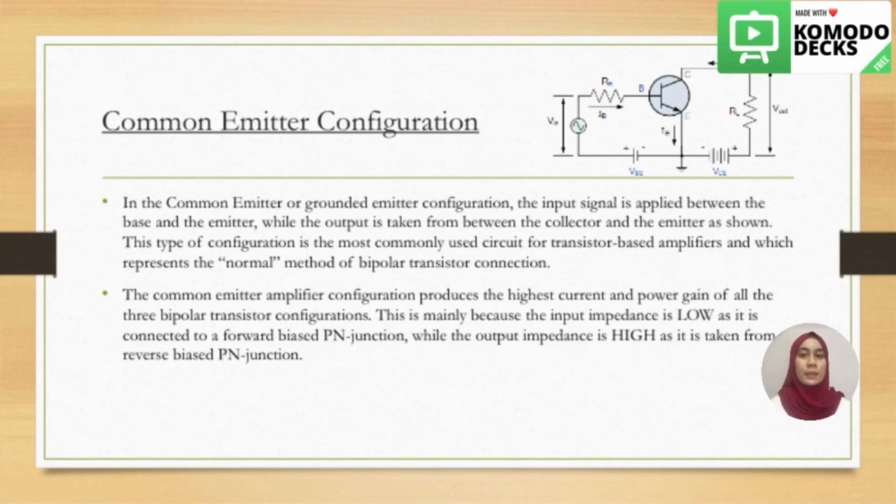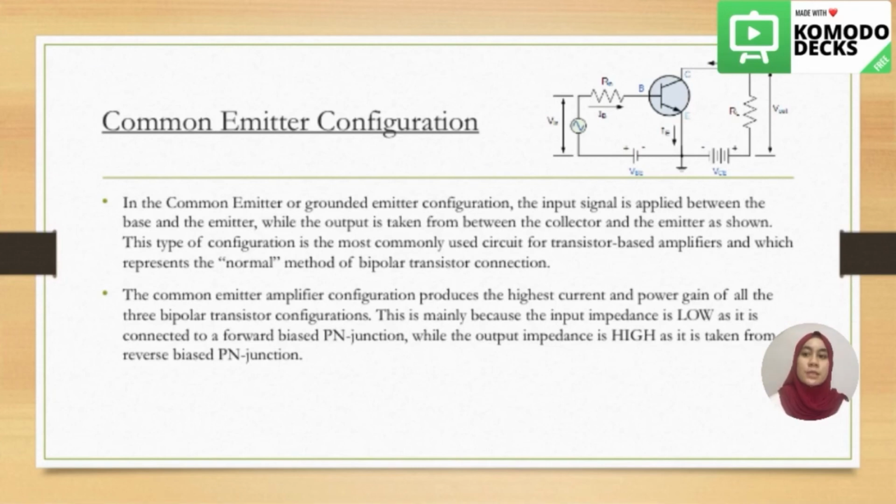This type of configuration is the most commonly used circuit for transistor-based amplifiers and represents the normal method of BJT connection. The common emitter amplifier configuration produces the highest current and power gain of all the three bipolar transistor configurations.